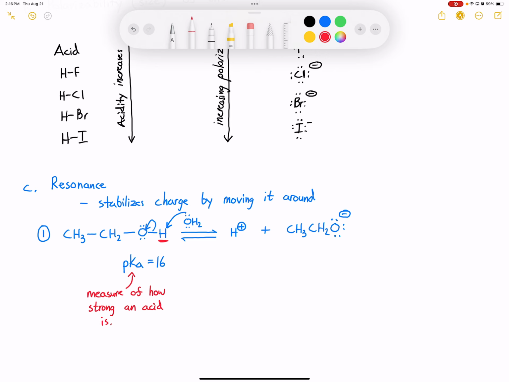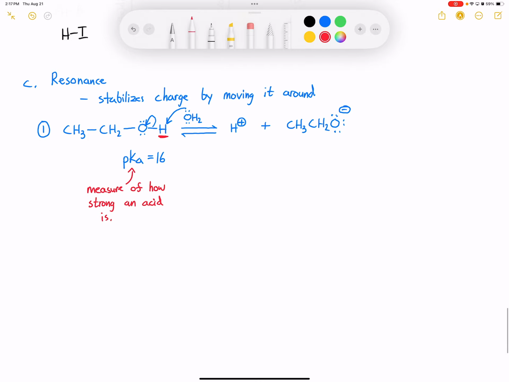It's more like 10 to the fourth power difference. So something could be 10 to the fourth power more acidic just by a few pKa units. Just like pH, the smaller the pKa, the more acidic something is. All right, so that's an alcohol.